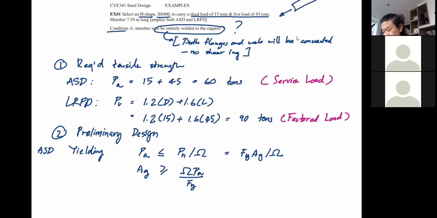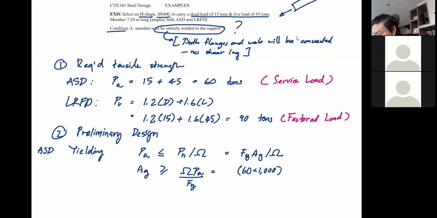So now we know it's 60 tons. Change the unit into kilogram force. I write the factor of safety in front, so let's move this so that you know what is what.